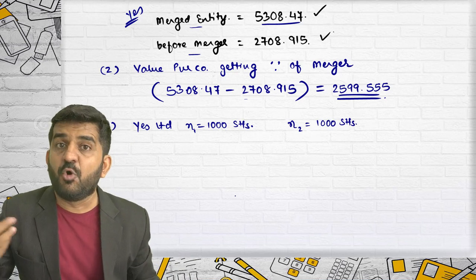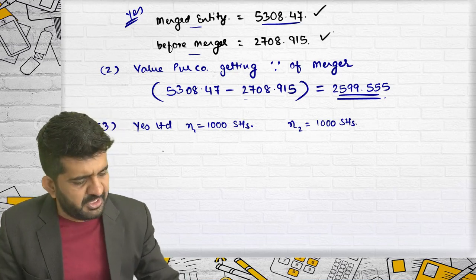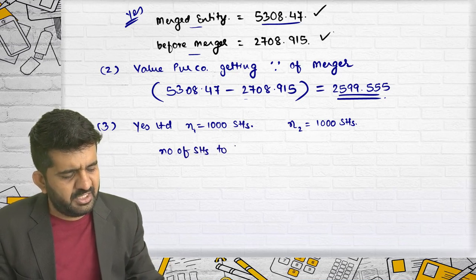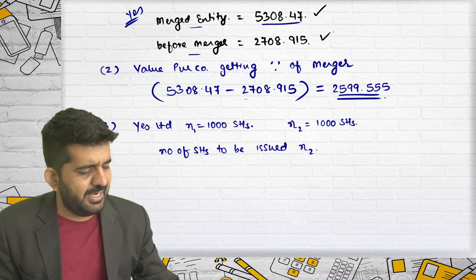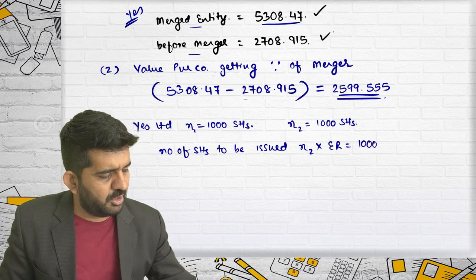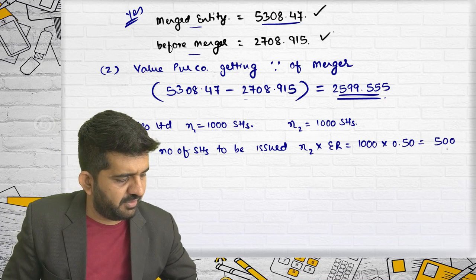Before merger, how many shares will be issued? Number of shares to be issued to the selling company's shareholders is N2 multiplied by the exchange ratio, that is 1000 into 0.50. The exchange ratio gives 500 shares.